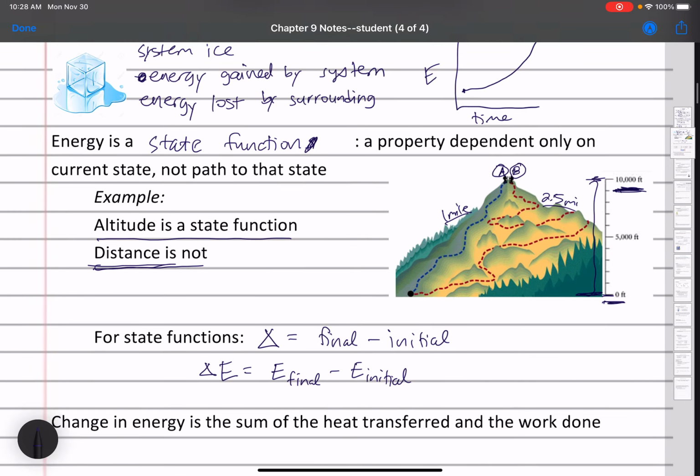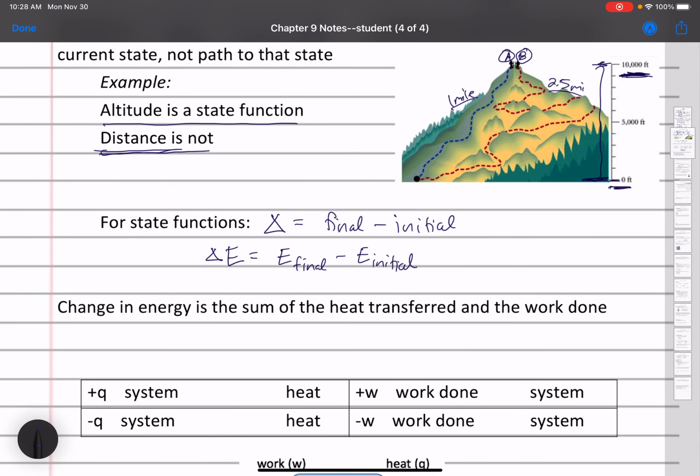All right. So for a reaction, the change in energy is equal to the amount of heat and the amount of work. So the heat transferred and any work that's done adds up to the change in energy.